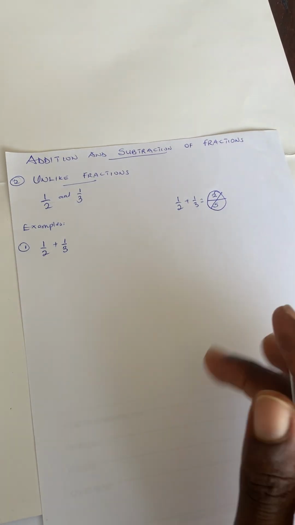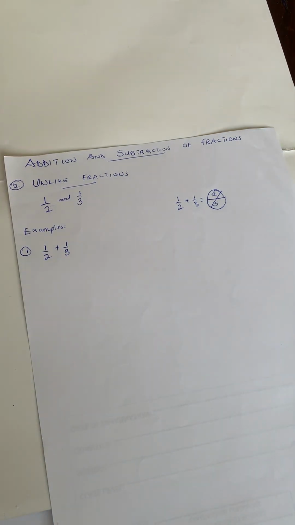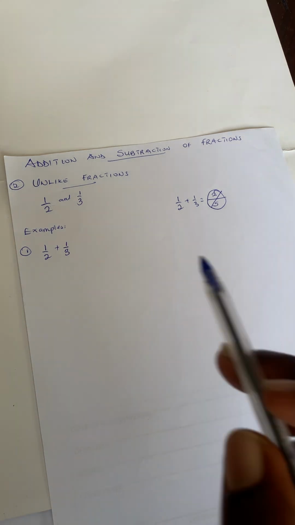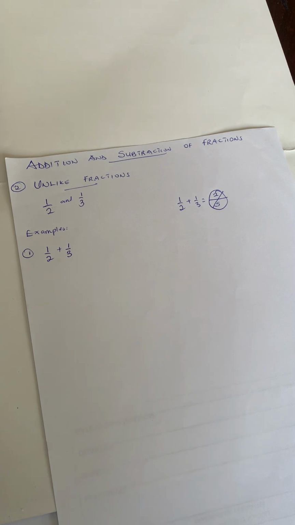Now, since they have different denominators, we are going to give the two fractions a common denominator, because with like fractions, the two fractions have the same denominator. So we chose one of the denominators as a common denominator. But with unlike fractions, because the denominators are different, we have to give them a common denominator.